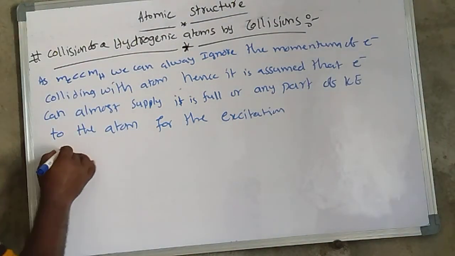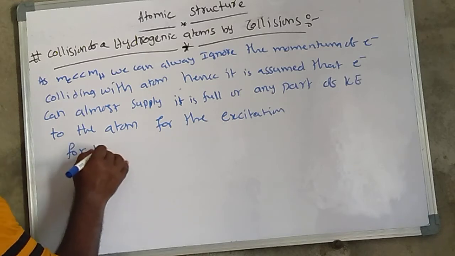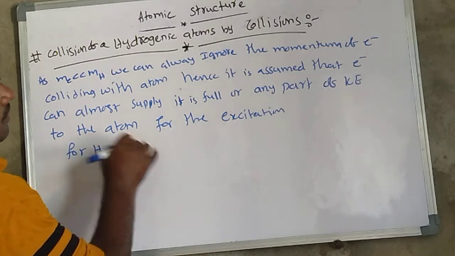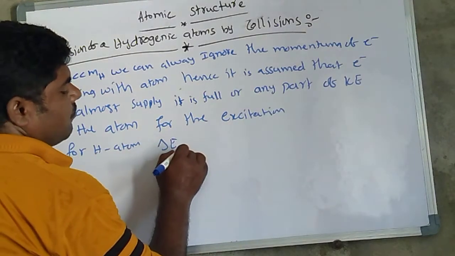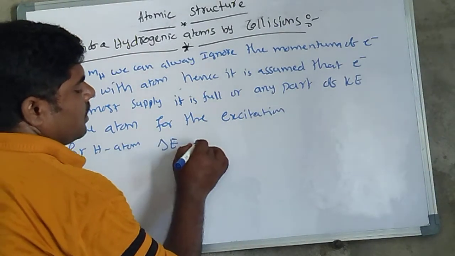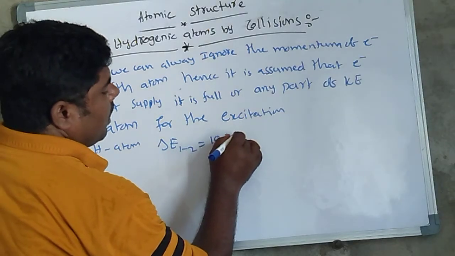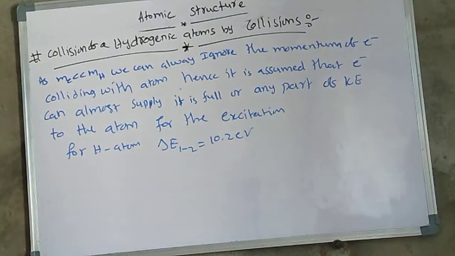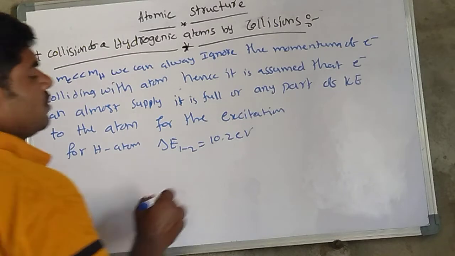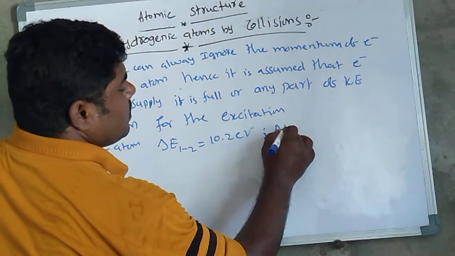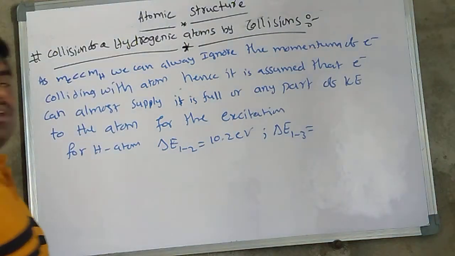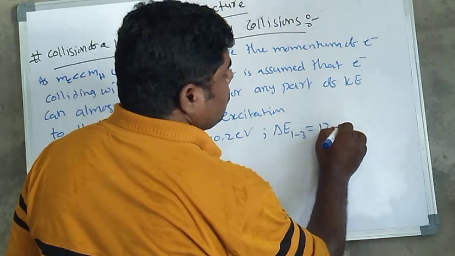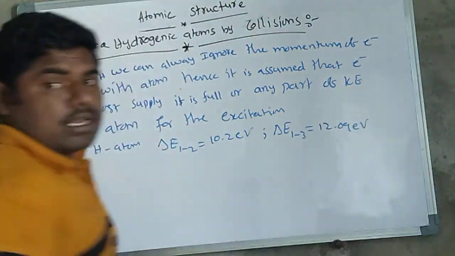Here for the hydrogen atom, for the electron going from level 1 to 2, the energy is 10.2 electron volt, and for 1 to 3, the energy change is 12.09 electron volt.